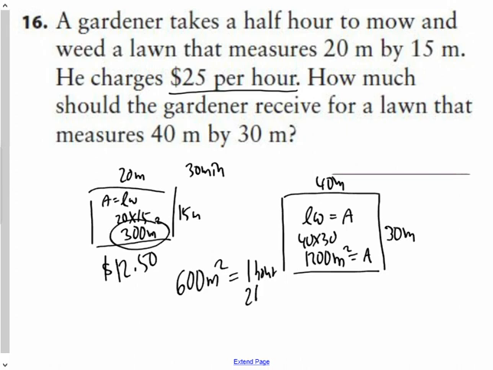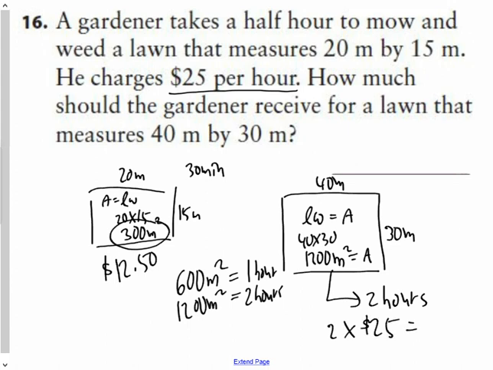And in 2 hours, he would be able to do 1,200 square meters, or twice as much area. So this lawn would take him 2 hours to do. And therefore, 2 multiplied by the cost of $25 per hour would be $50 to do the second lawn.